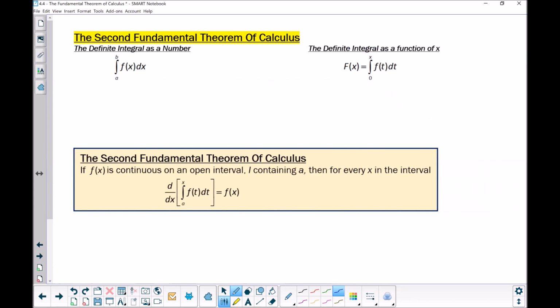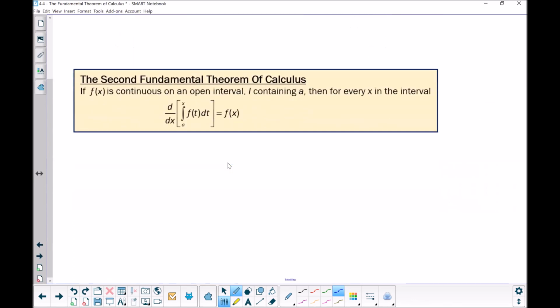All right, but now the question is why? What is this? Well, this is going to lead us to what's called the fundamental theorem part 2, or the second fundamental theorem. And it just simply says, if you ever have this kind of integration with the unknown upper boundary, as long as the lower boundary is a constant, it does not have to be 0. The lower boundary just has to be a constant. There are times that we find that we want to take the derivative of this. Well, that seems kind of weird.